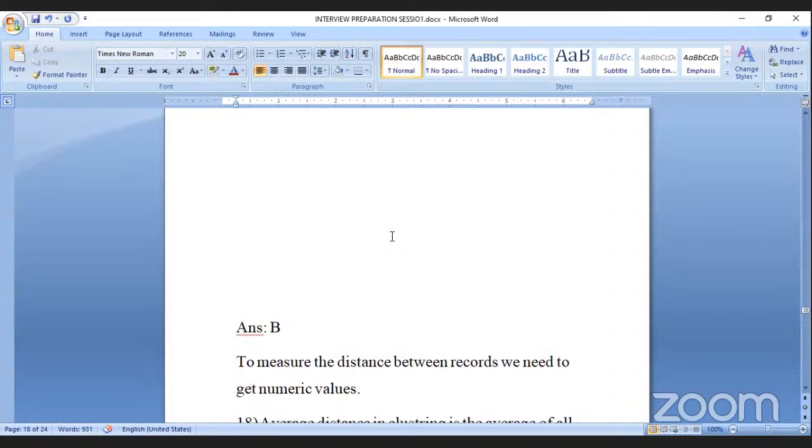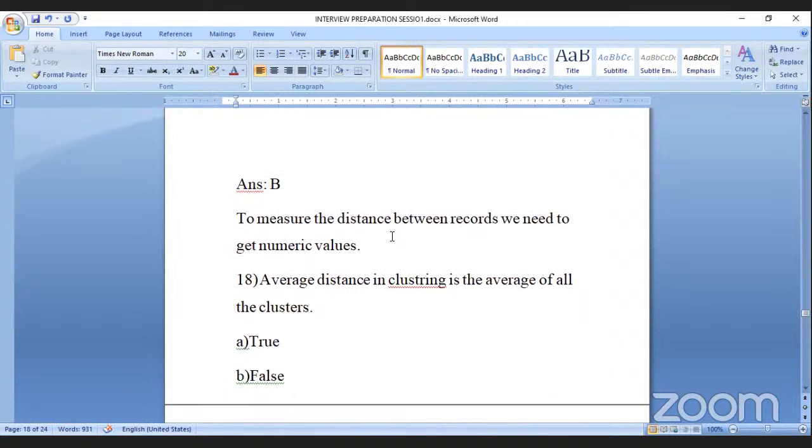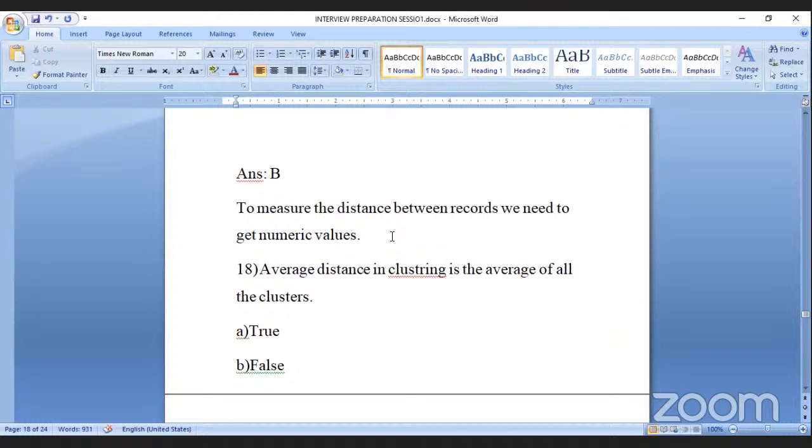The 18th question: average distance between the clusters is the average of all clusters. Is this true or false? Average distance in clustering is the average of all the clusters. Tell me, friends, is the statement true or false? False, false.